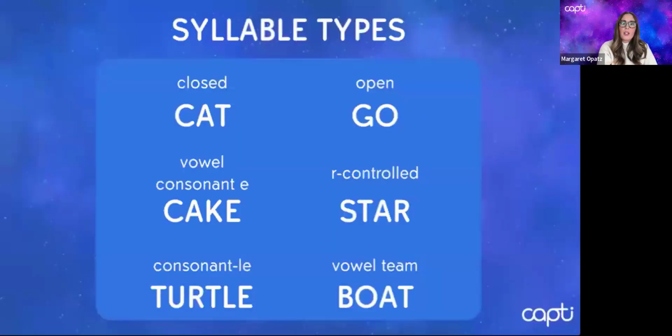There are a lot of curricula out there that really support guiding you in teaching multisyllabic word analysis, but they really should follow this type of pattern where you're looking at 6 different syllable types.